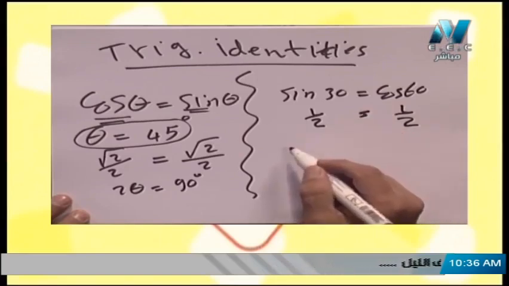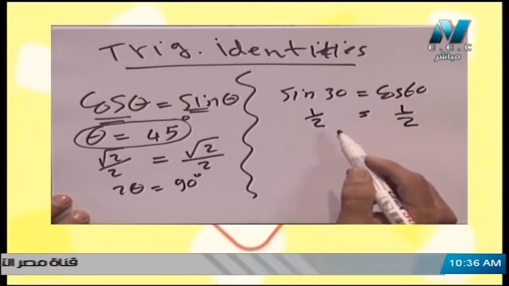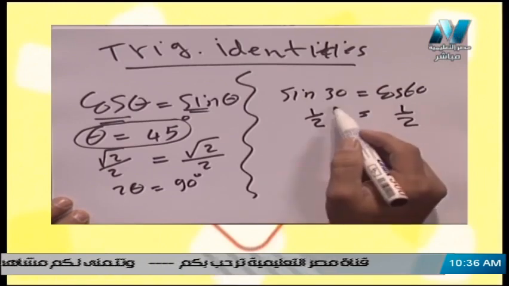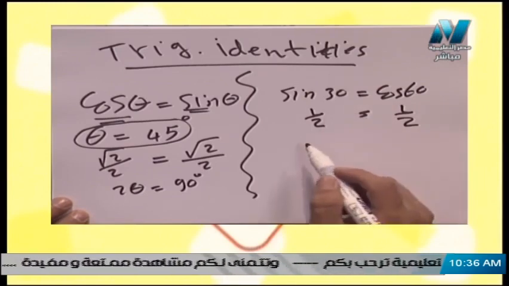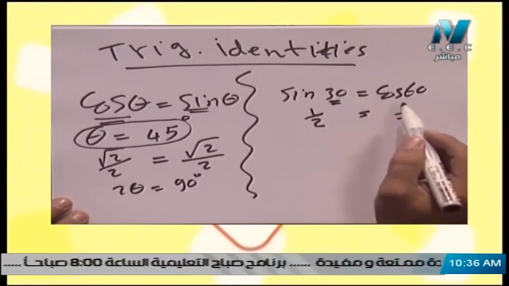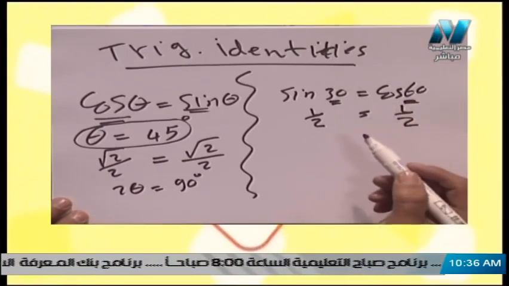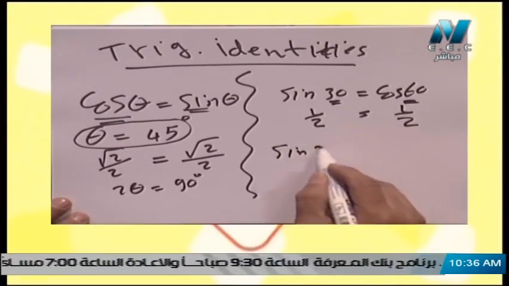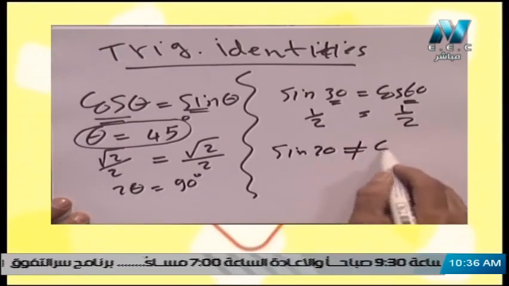So they are equal, but only for specific numbers. If we have sine 30 equals cosine 60, it's an equation, because sine 20, for example, doesn't equal cosine 20.